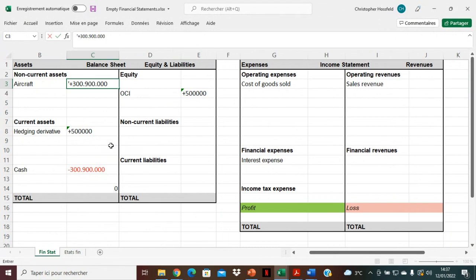Secondly, it doesn't matter which order, I could revalue my hedging derivative. Remember that on February 15 in N+1, the value of my hedging derivative has increased to 900,000. So there's a gain of 900,000. Still hedge accounting, so I will put the gain in OCI.